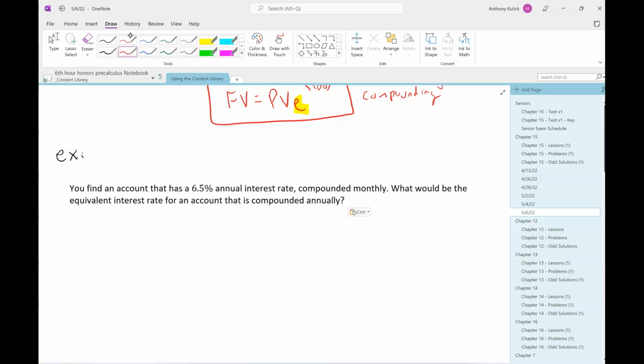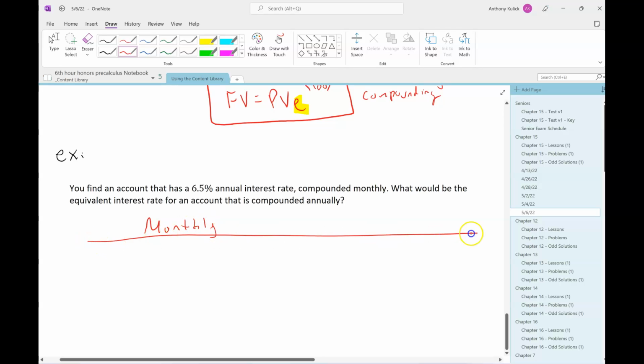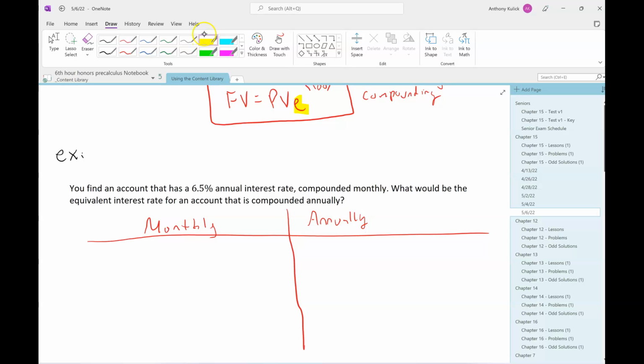And we want to find what the equivalent interest rate would be if it was instead just compounded annually, right? So I'm going to set up two different pieces. We'll have a monthly piece and an annual piece. Now, if I look at these, one's compounded monthly and the other's compounded annually, so I know I just need my standard compound interest formula.